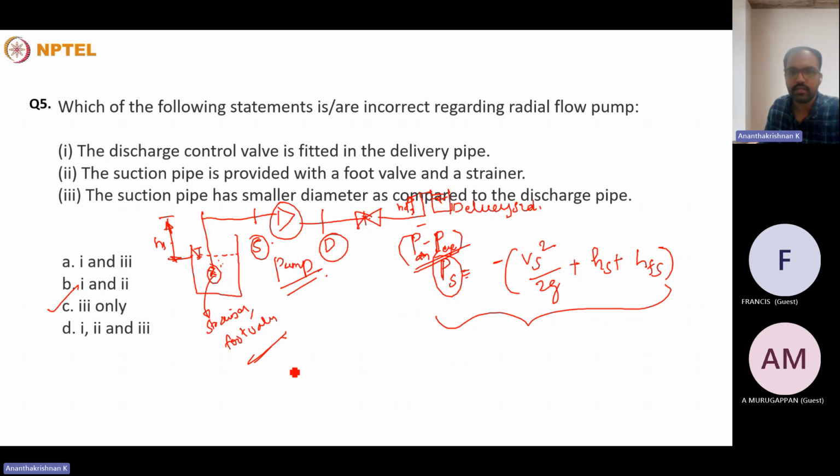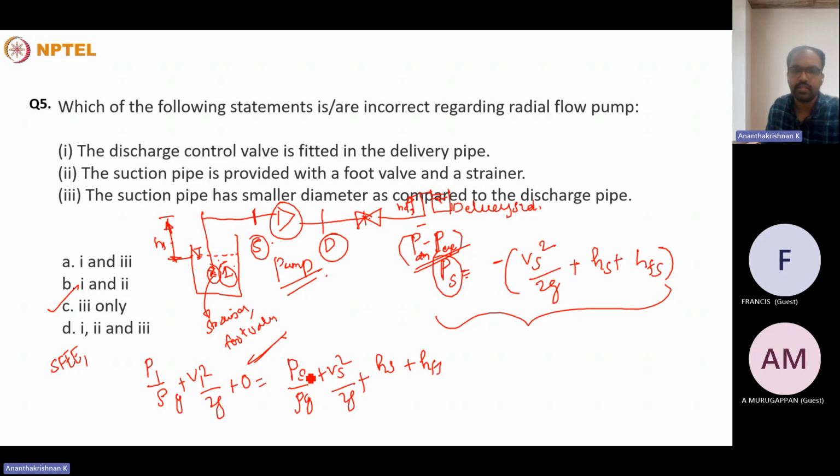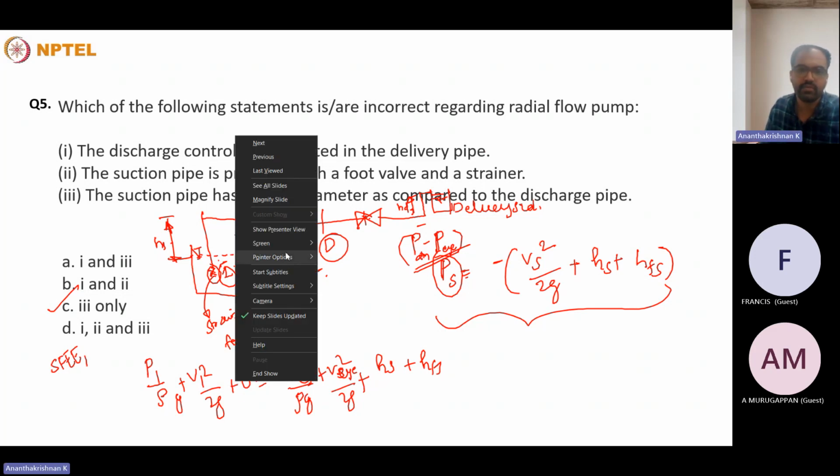If we compare the point 1 here and the suction side point, we can write the steady flow energy equation as P1 divided by rho g plus V1 squared divided by 2g plus 0 equal to the pressure PS divided by rho g plus Vs squared divided by 2g plus Hs plus Hfs, P at the eye point.